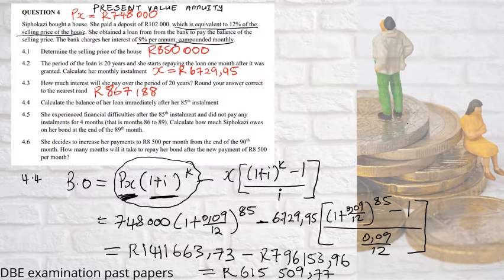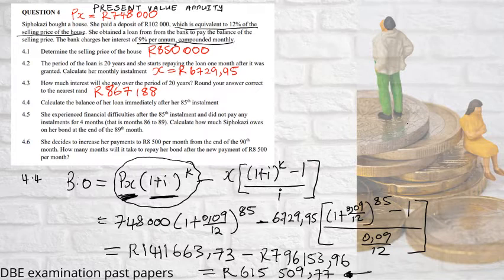Okay, so you can see that the balance outstanding will be 615,509.77.